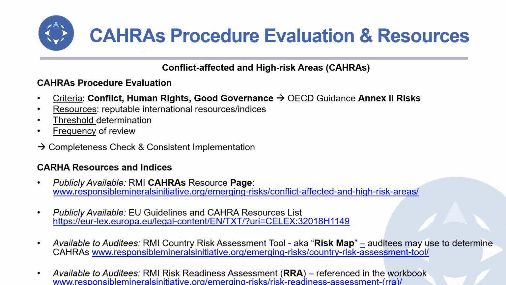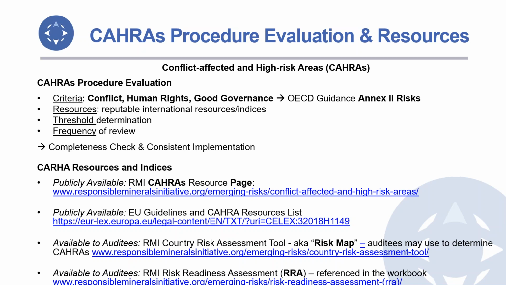However, we did want to highlight them so you're aware that these resources exist, especially the RMI country risk assessment tool that aggregates a number of reputable indices and reports that look at all of these key criteria, conflict, human rights, and good governance, and incorporate Annex 2 risks, and basically produce a global map of what could potentially constitute conflict-affected or high-risk countries.